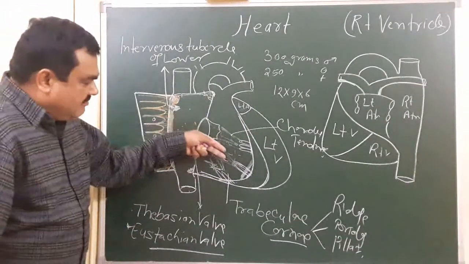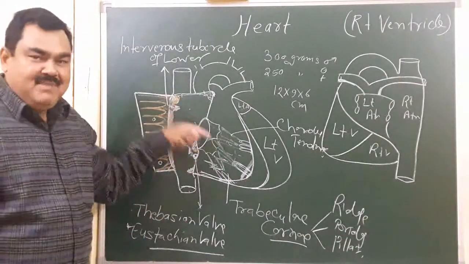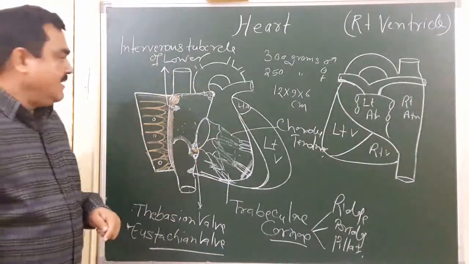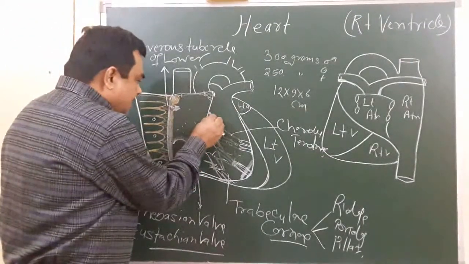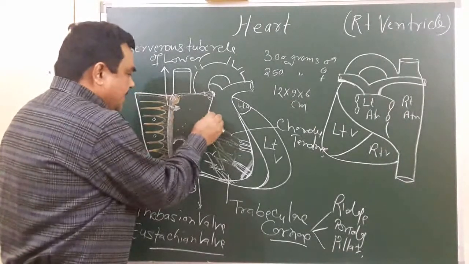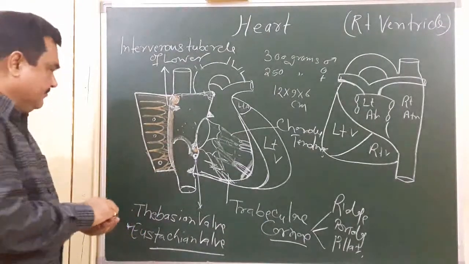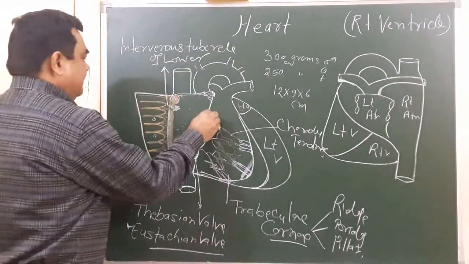So this is the inflowing part, which is rough. Developmentally it develops from the primitive ventricle. Here is a crest, known as the supraventricular crest.